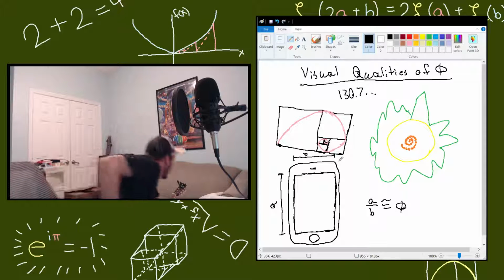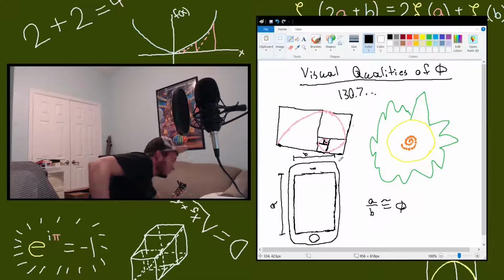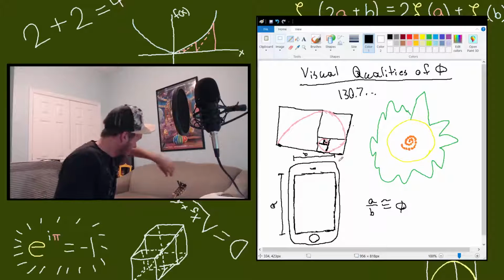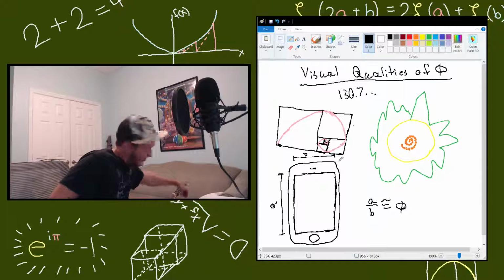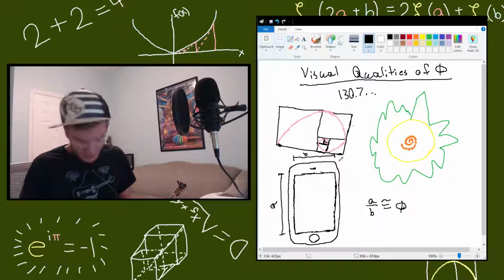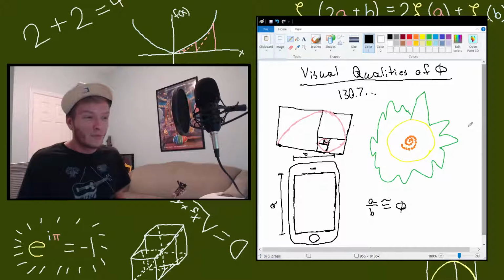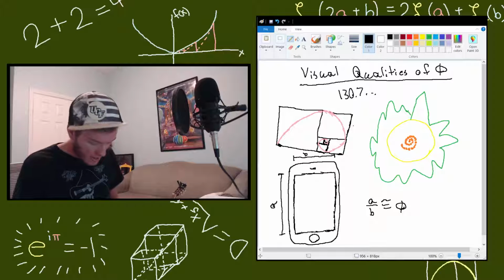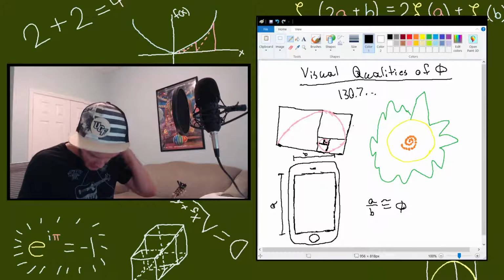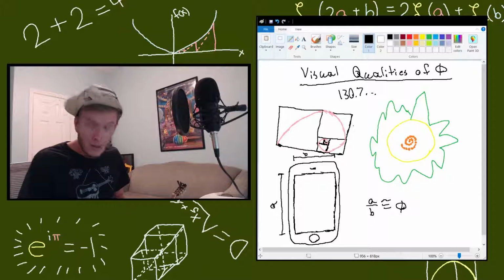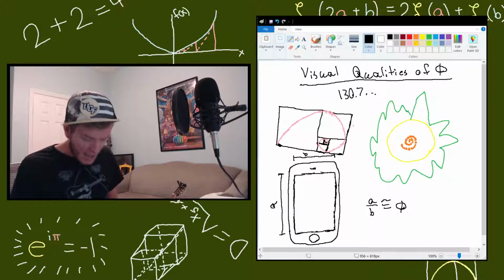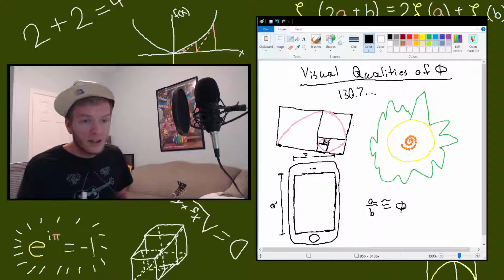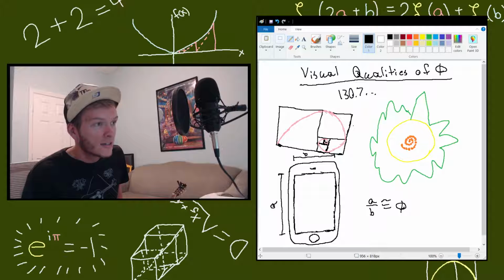I actually have mine here, and I don't know if we can measure this in any way, but we probably could with Paint using the pixels. Hell, let's try it. I'm going to leave the phone case on, and I'm going to do some measuring here. We're going to clean this out.